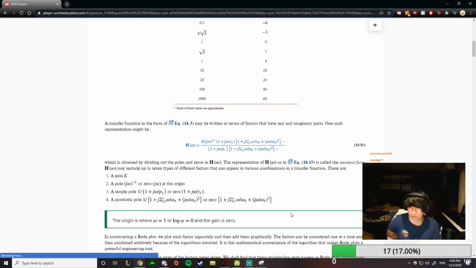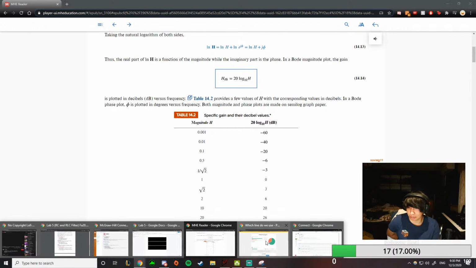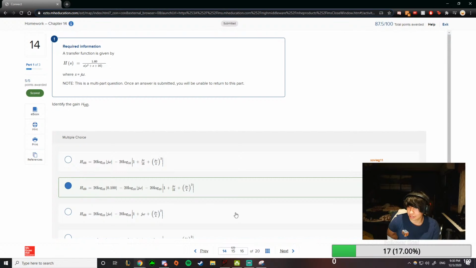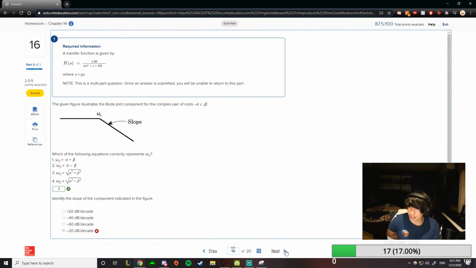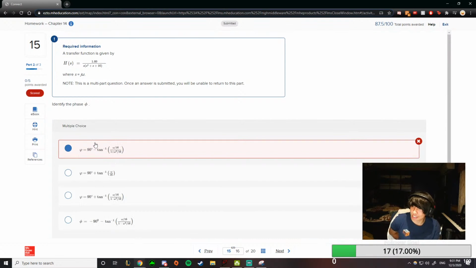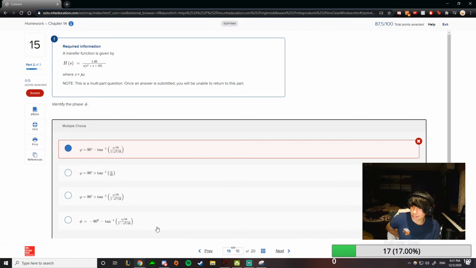On the homework ones, I just did, okay, if there's a J, it's probably 90 degrees. And then wait, yeah, I'm stupid. The J's on the bottom. It's negative 90. And then the rest kind of match. So that's how I did this one.